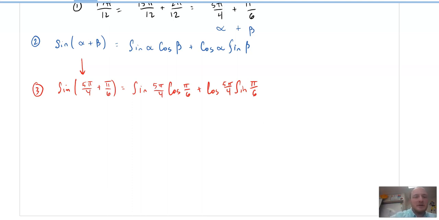So next, I'm going to substitute in the values. Sine of 5 pi over 4, well, that is negative root 2 over 2, times cosine of pi over 6, well, that is root 3 over 2, plus cosine of 5 pi over 4, again, that's negative root 2 over 2, times sine of pi sixths, which is 1/2.